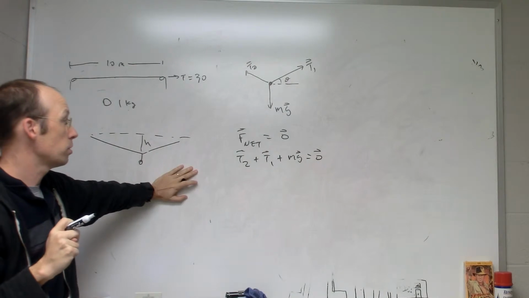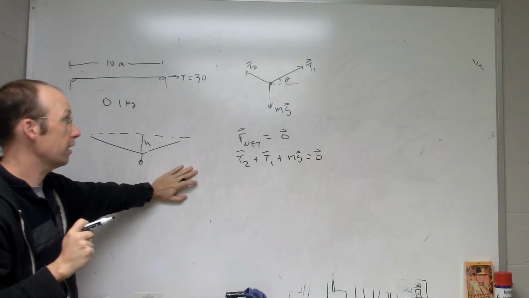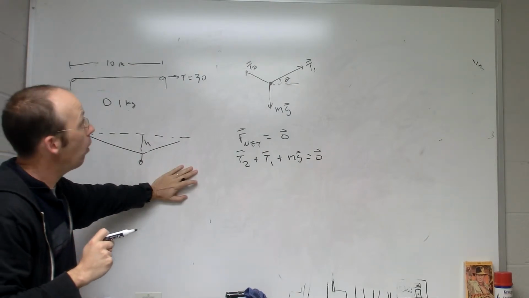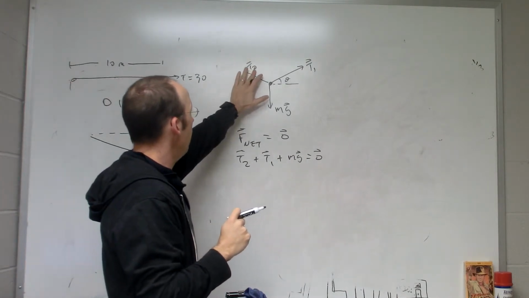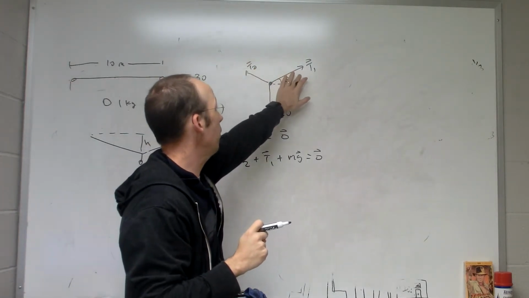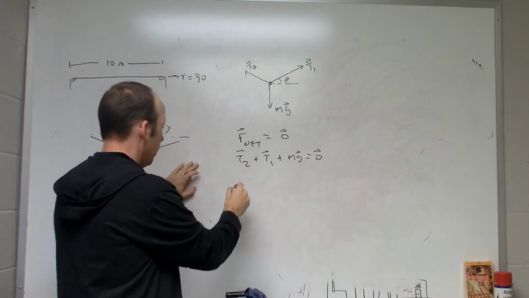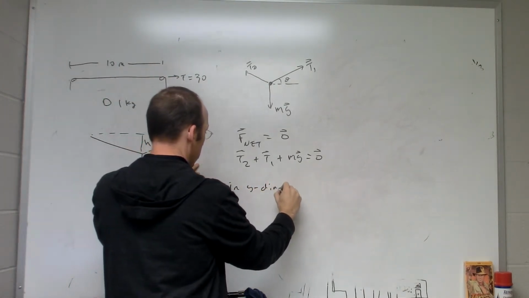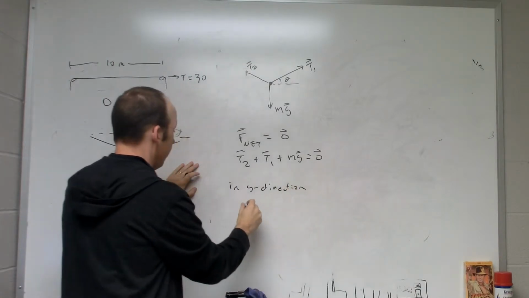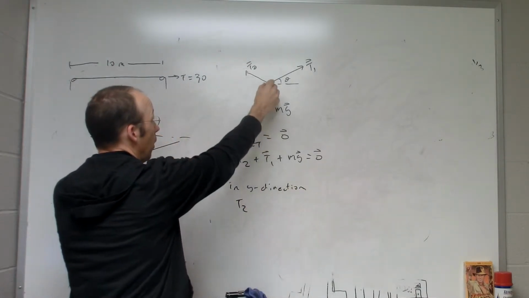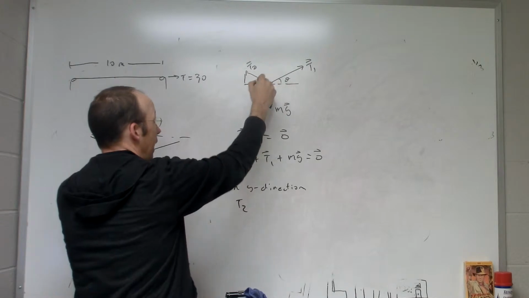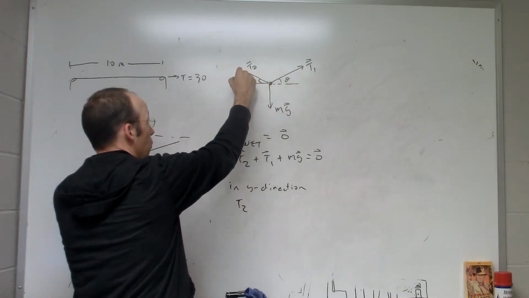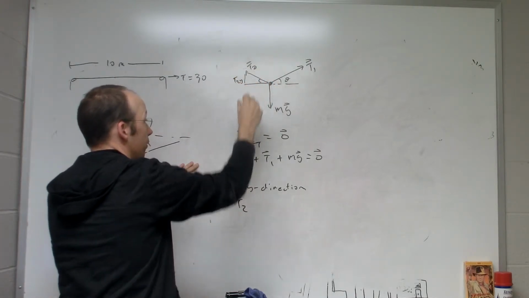Now, let's just look at the y direction. In the y direction, I have a component of this tension plus a component of that tension minus gravity. I have T2. Now, what's this component? That angle's theta, so this T2y is going to be T2 sine theta.